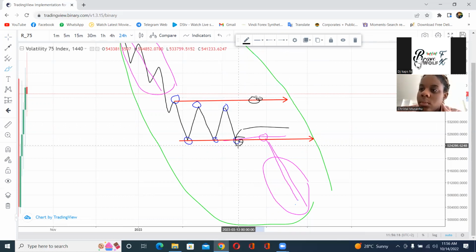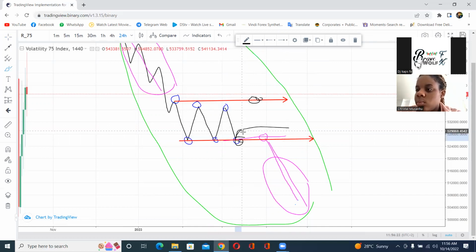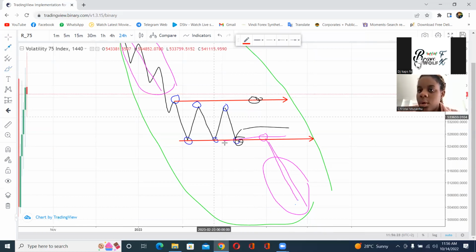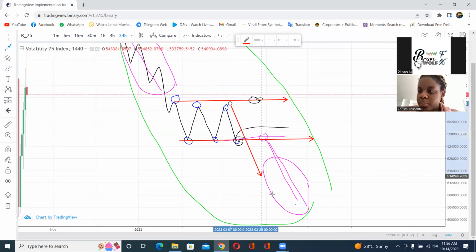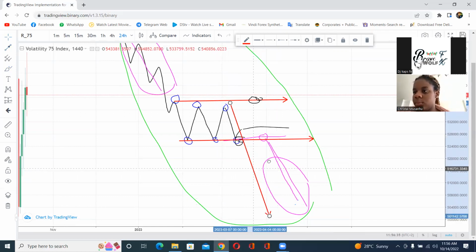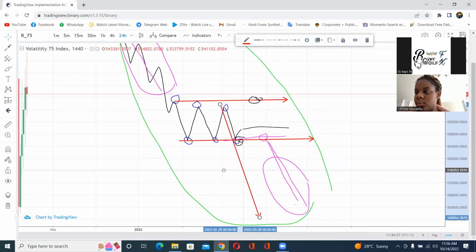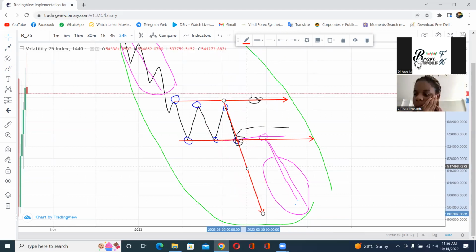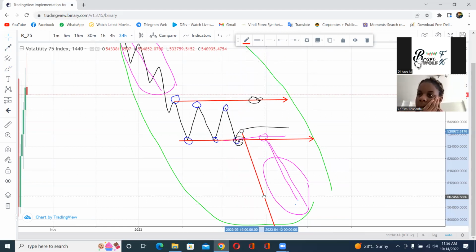Because of this, we did it on the sell. If this market was seen going up, it can start to go down, because any time the market can break out, any time this movement can happen. It doesn't matter after how many trends of consolidation. It can happen here, it can even happen here. Even here, the market can just retest a little bit and then start to go down.